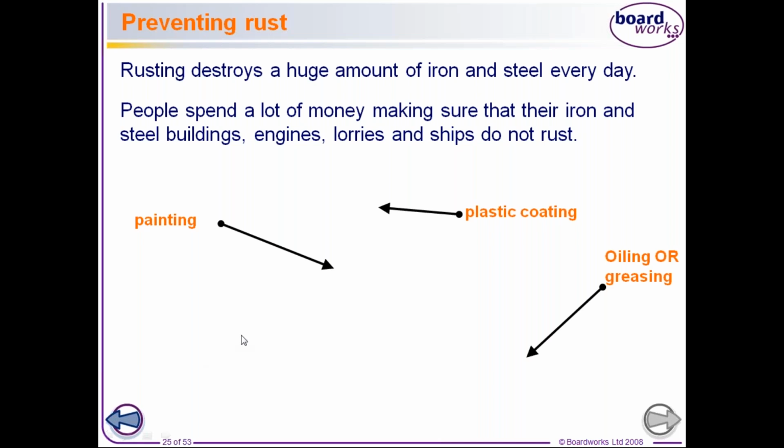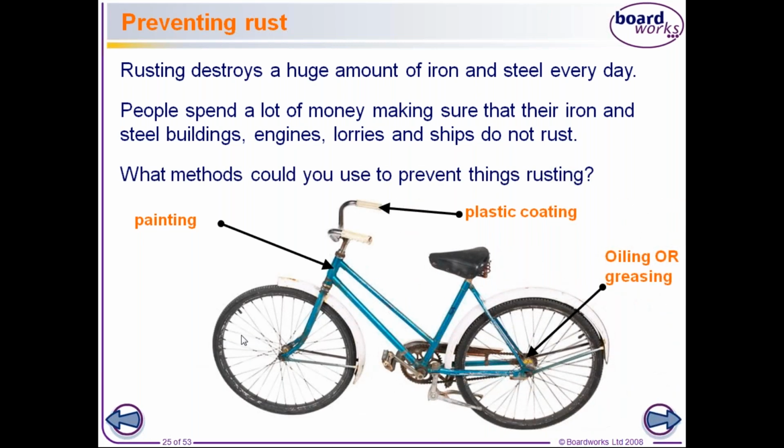I list down here some of the methods, and you can remember them easily by thinking of your own experience with your bicycle. For example, one of them is painting. So what is the point of all these three listed here?